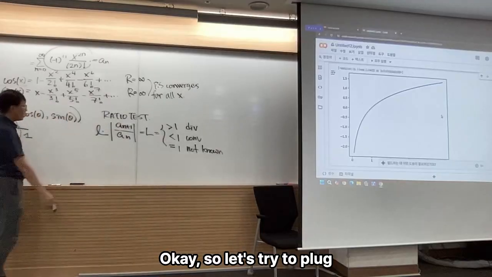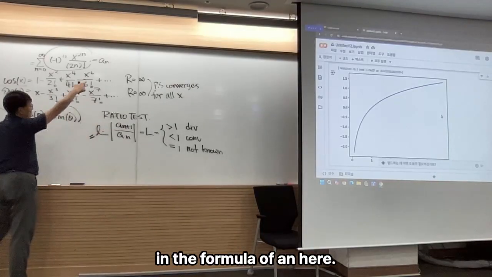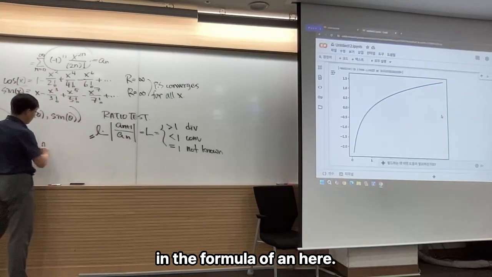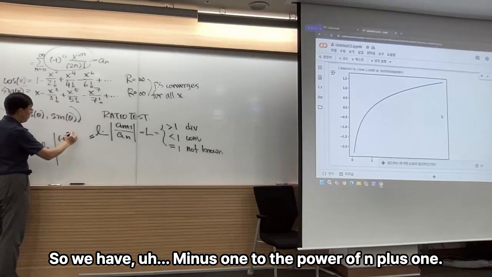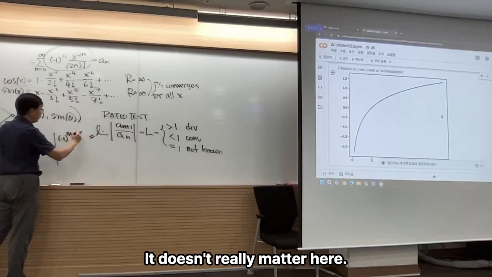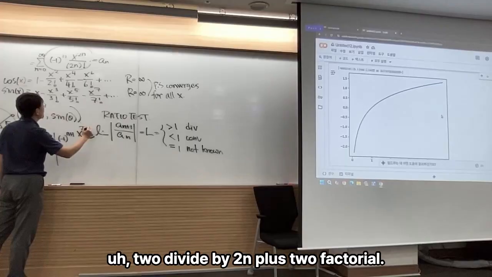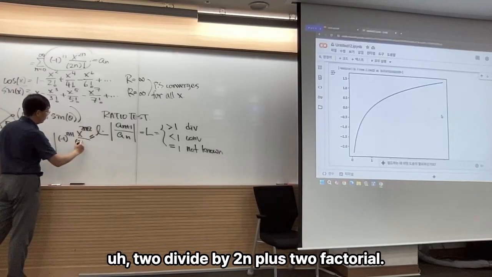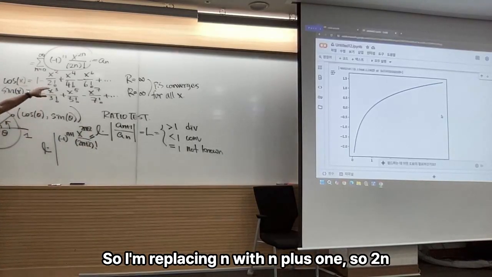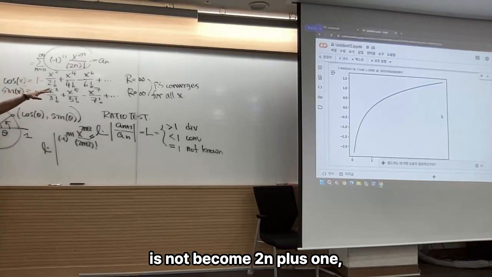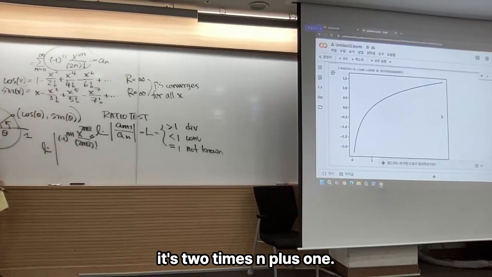Okay, so let's plug in the formula of a_n here. So we have minus 1 to the power of n plus 1, it doesn't really matter here, x to the 2n plus 2 divided by 2n plus 2 factorial. So I'm replacing n with n plus 1. So 2n does not become 2n plus 1, it's 2 times n plus 1.